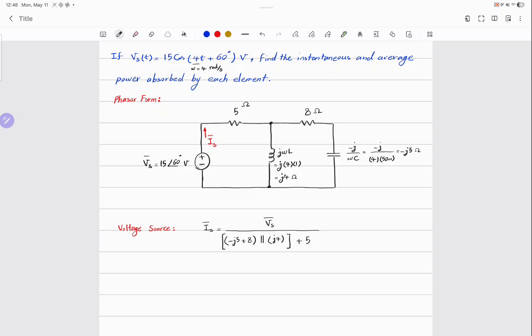Do you understand what I wrote for the denominator? That's the equivalent impedance, right? It's your turn, everyone. Calculator, please. Give me the value.